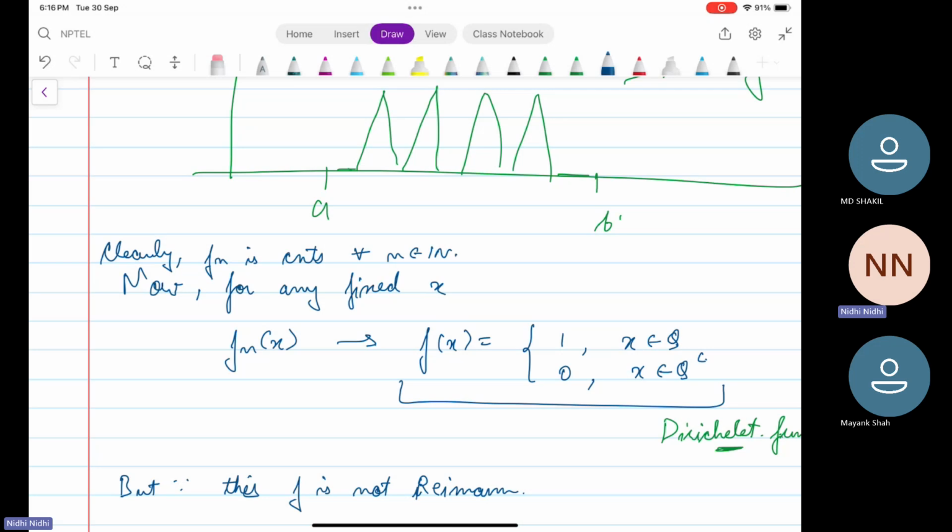So, do you know when we can guarantee that the limit will be integrable? In what case does it happen? Uniform convergence, no? Yeah. When we have uniform convergence, in that case the limit will be Riemann integrable as well.